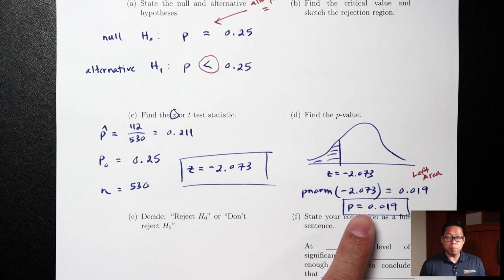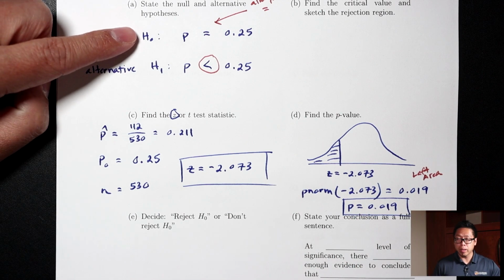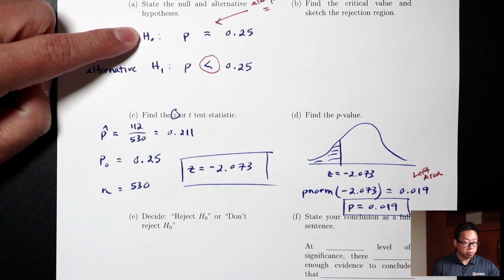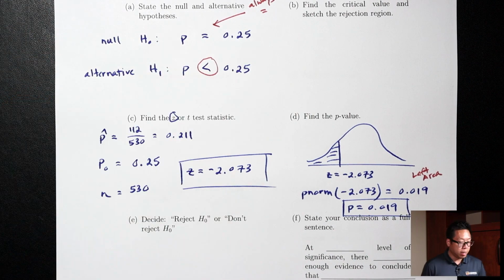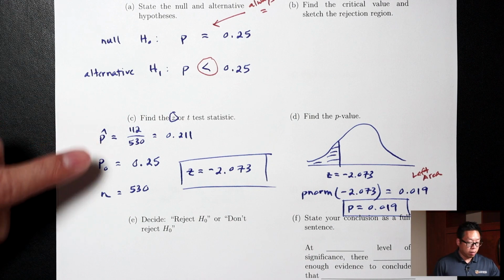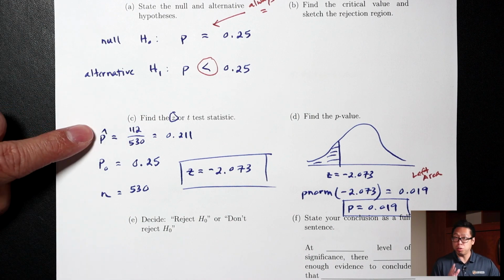What is the meaning of this p-value that we just found? So this p-value is saying, assuming that H0 is true, so assuming that McDonald's is telling the truth and that the proportion is actually 0.25, then what about us winning only 112 times out of 530? And remember, we thought that was too low.